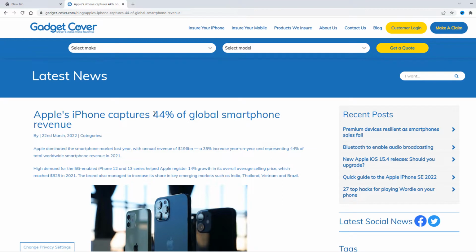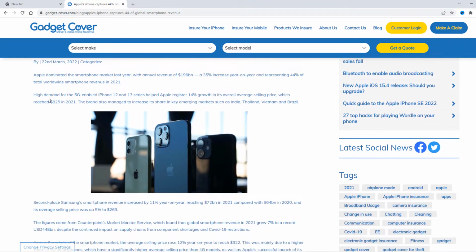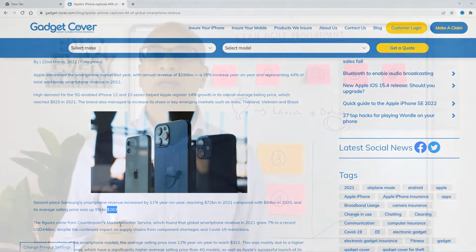That's an incredible amount for one company to capture. It gets worse than that. The average selling price of an Apple phone is $825. And the number 2 player in the space, Samsung, their average selling price is $263. Can you imagine the difference in terms of the profitability per handset over there as well?